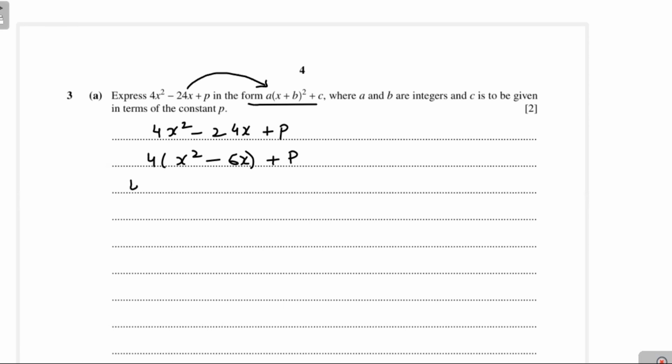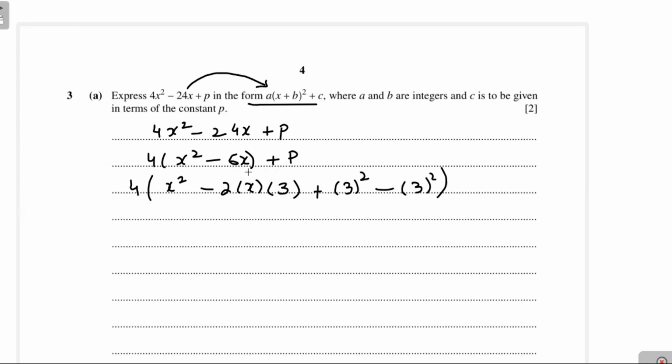Now we can write it as 4 into x square minus 2 times x into 3, we can write 6x as 2 into x into 3. If we add plus 3 whole square and minus 3 whole square in this expression, we make these two terms into a complete square expression.